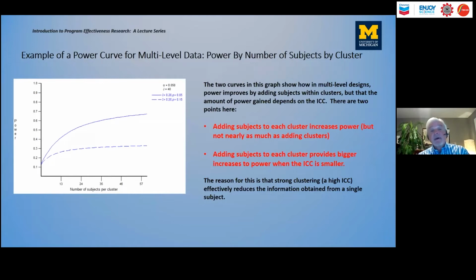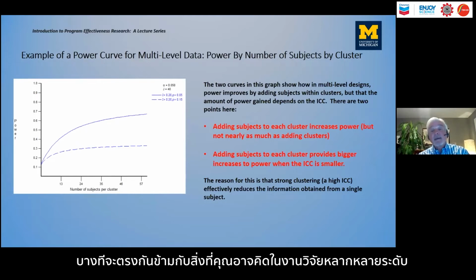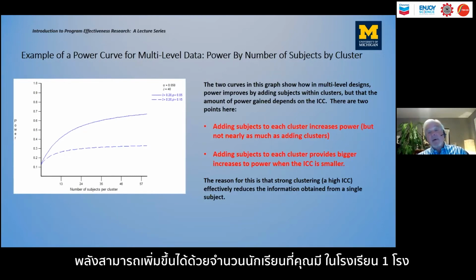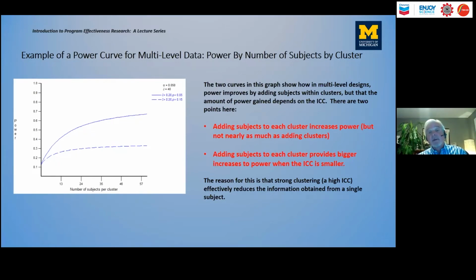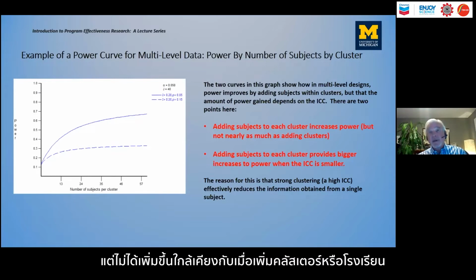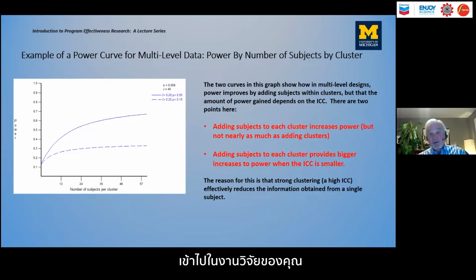Then I want to show you that, contrary perhaps to what you might think, in a multi-level study, power can increase by the number of students you have in a school, but not nearly as much as it improves when you add clusters or schools to your study.